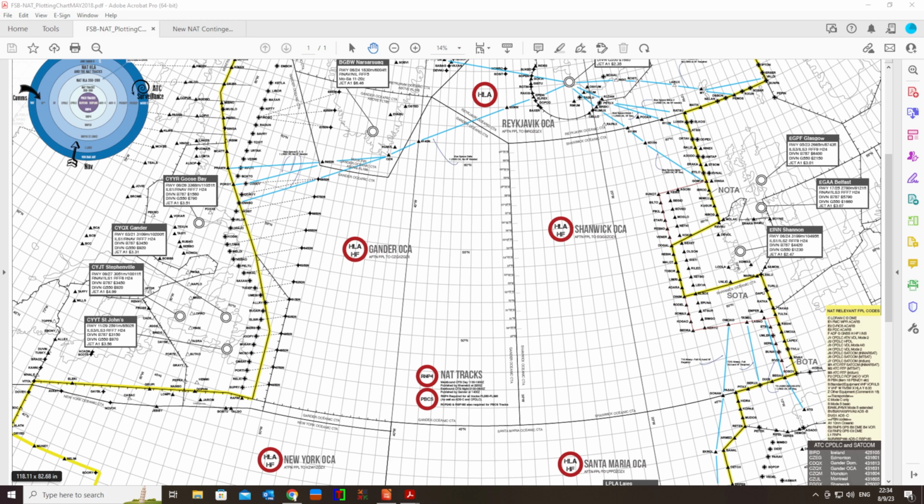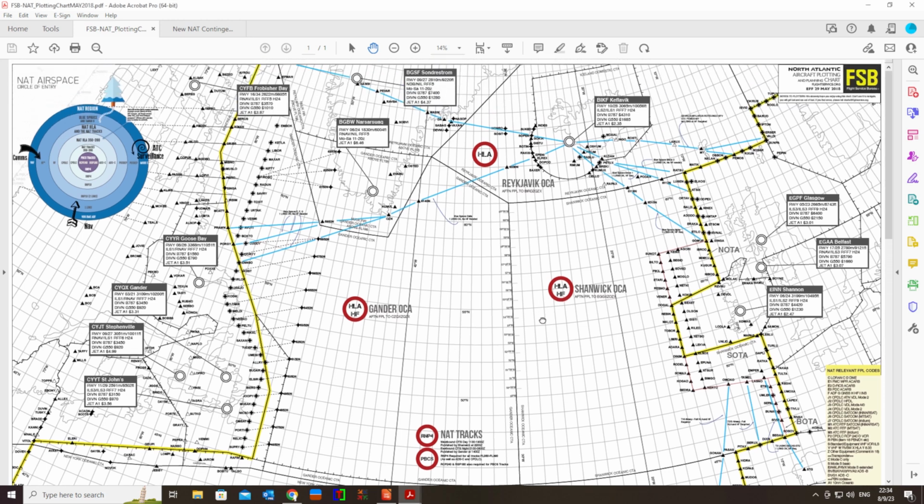Apart from the North Atlantic tracks, we have other tracks to navigate through the Atlantic, and everything is based according to our ETOPS or EDTO certification.